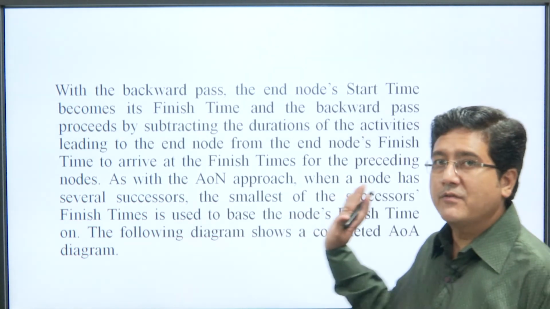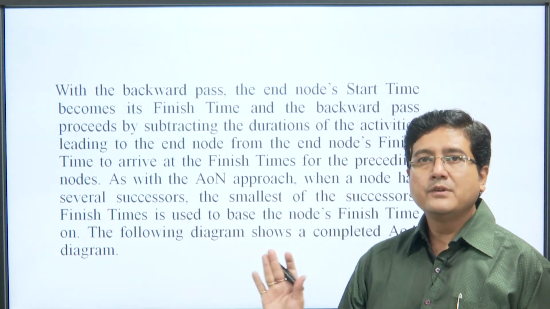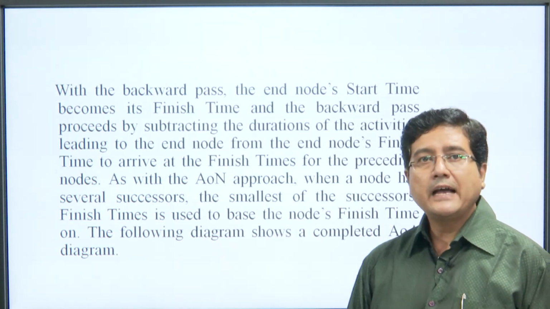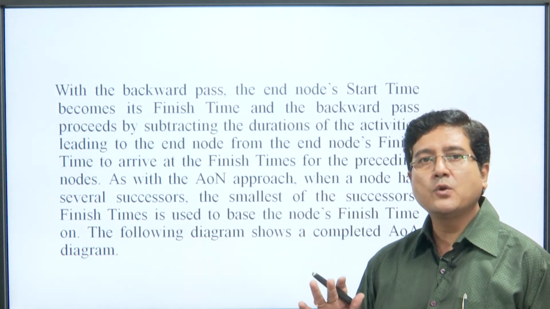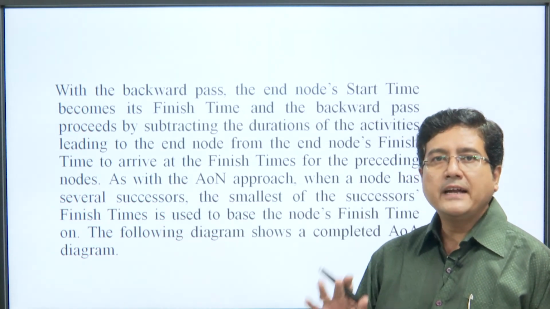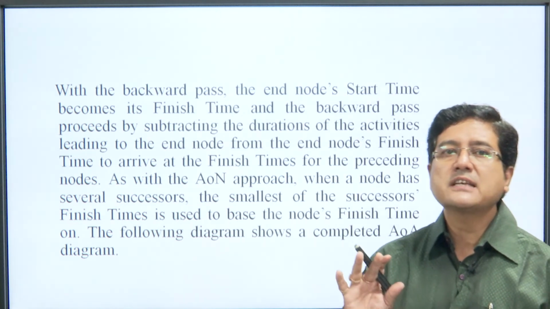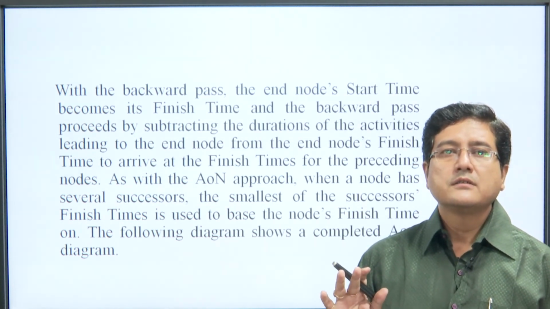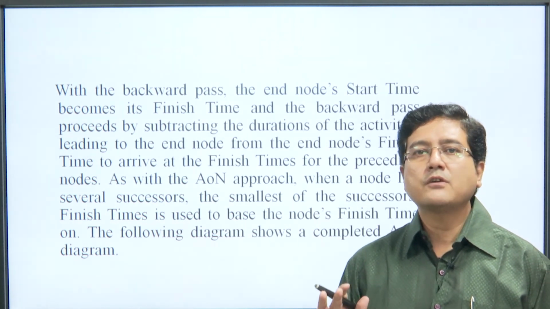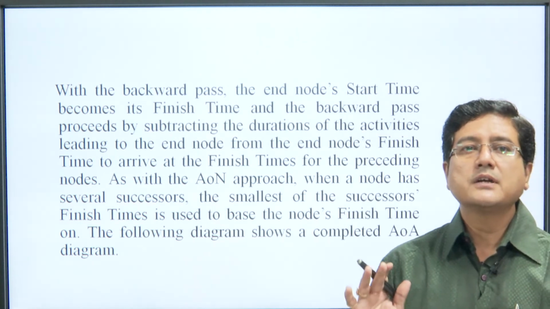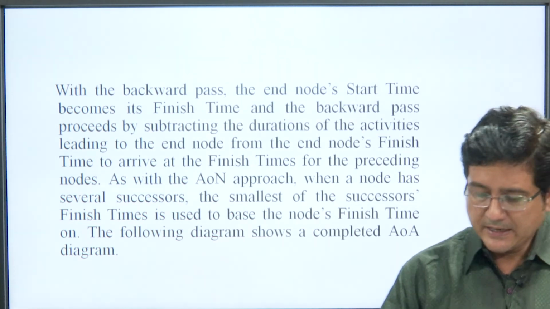When we move backward, we deduct the time, as with the AOA approach. When a node has several successors, the smallest successor finish time is used as the basis of the node time.